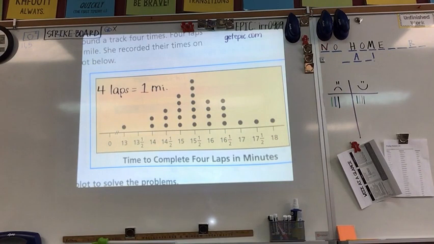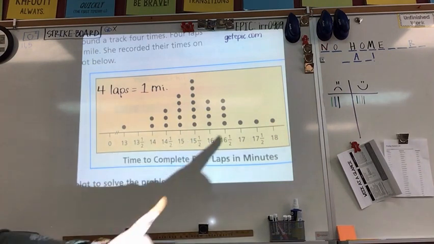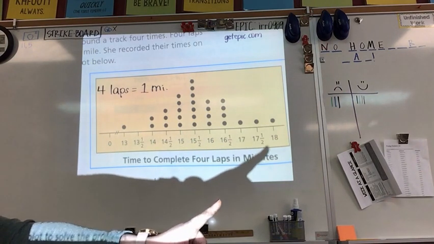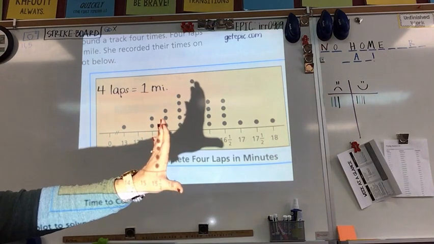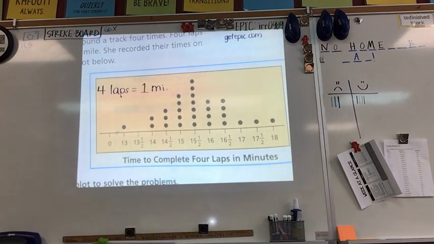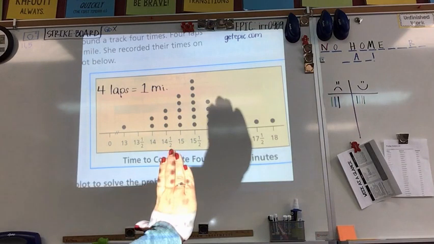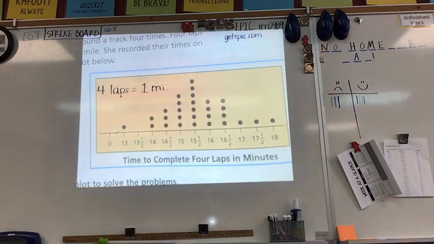Did more students complete it in 16 or more, which would be 16, 16 and a half, 17, 17 and a half, or 18? So you're looking at this amount compared to my 15 and a half or fewer. Which one has more students in the group? 16 and more, or 15 and a half and fewer? That's easy.